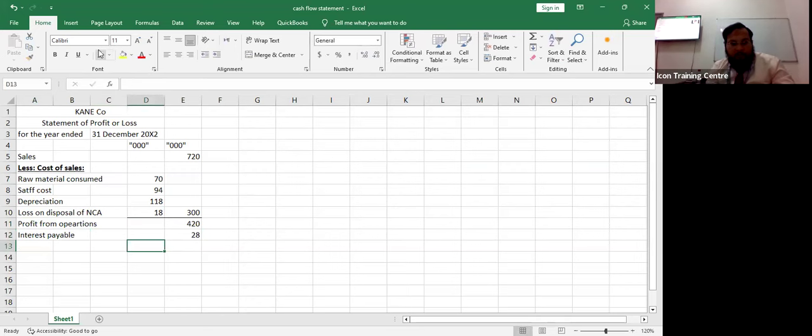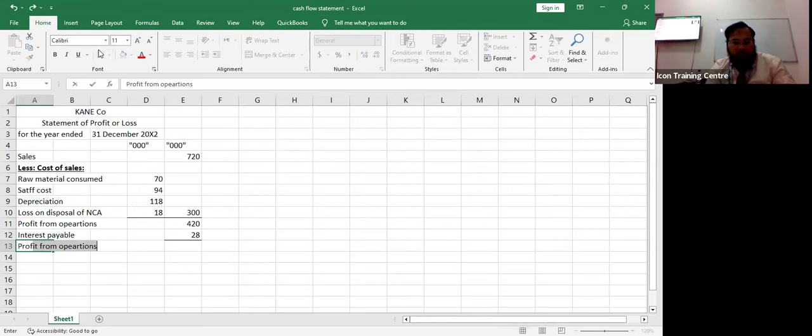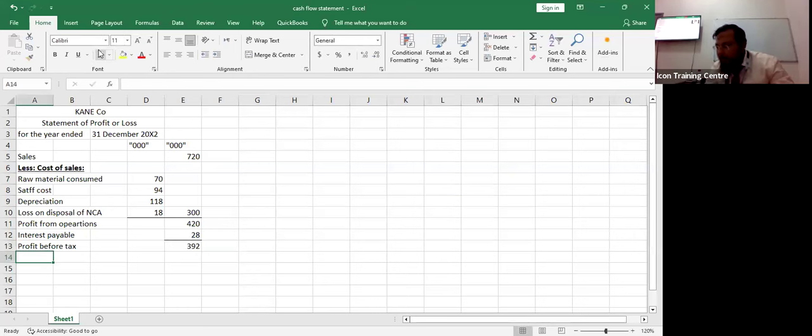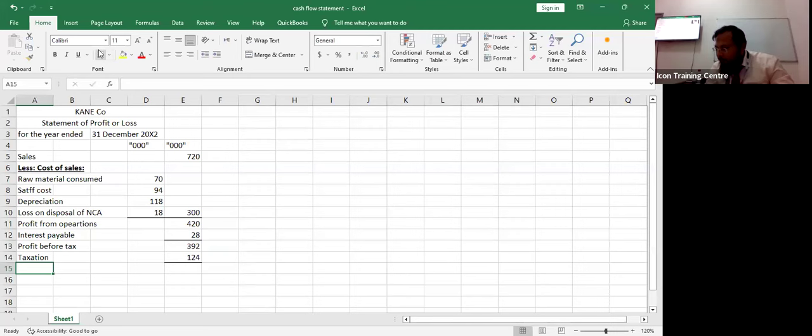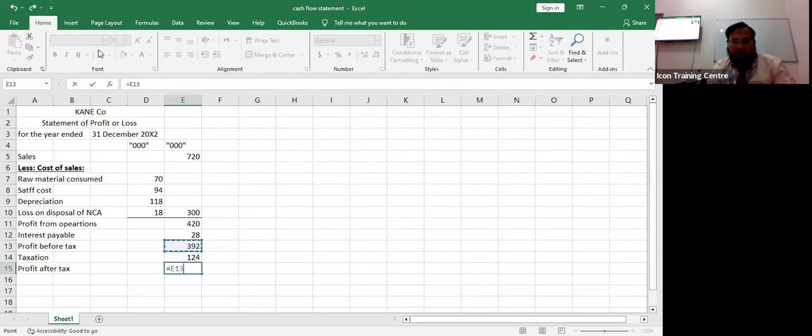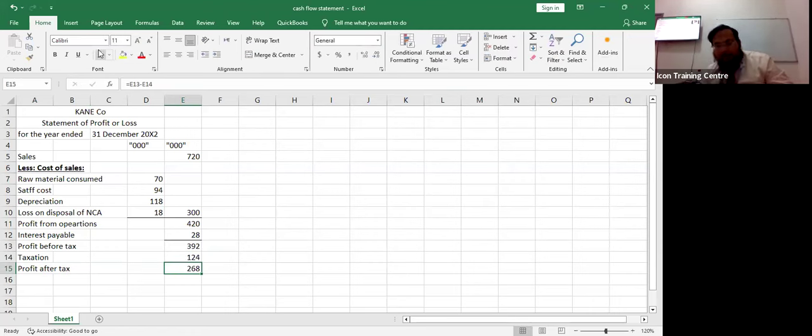Then you are left with profit before tax, 420 minus 28, 392. Then we have taxation, 124. And then profit after tax, 392 minus 124. Right, sir?